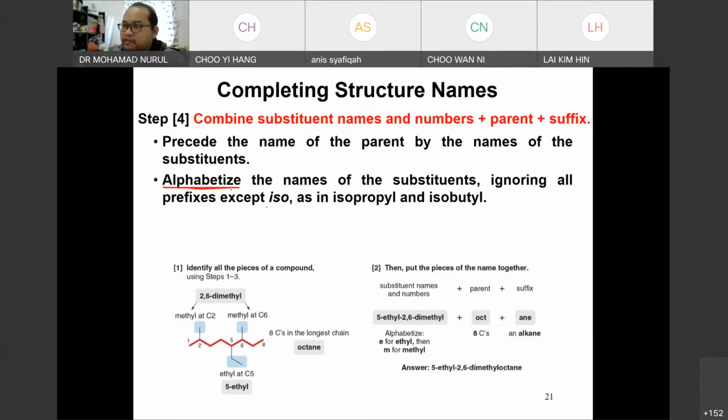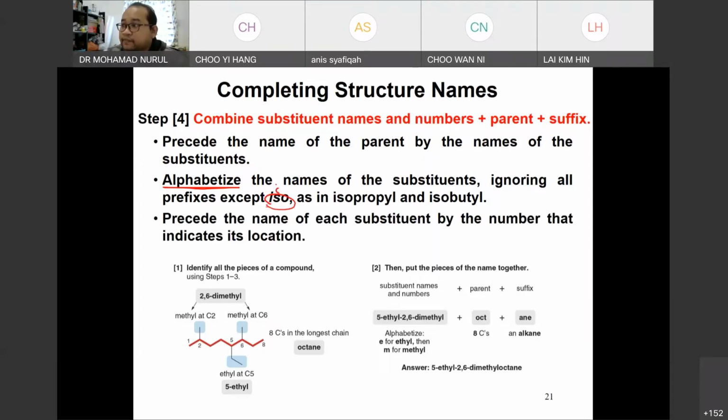Alphabetize the names, susun number mengikut turutan huruf A, B, C. For substituents, ignore all prefixes except iso; iso is I. So for the previous example, where we have two methyls here, we can call this one 5-ethyl, 2,6-dimethyl octane. Oct is carbon 8, and this one is the alkane group.